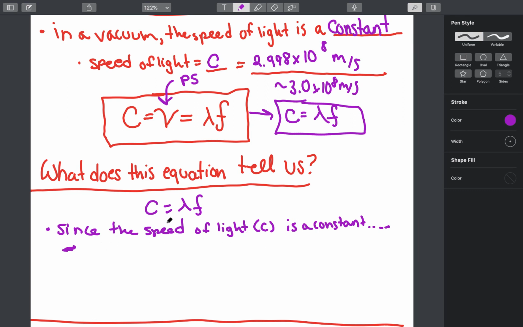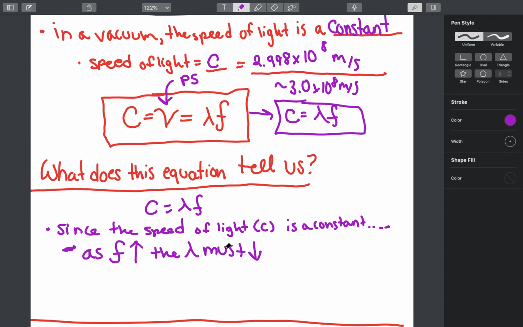So since the speed of light c is a constant, as the frequency increases, in order to keep the speed of light constant, the wavelength must decrease. So as the frequency increases, the wavelength must decrease.